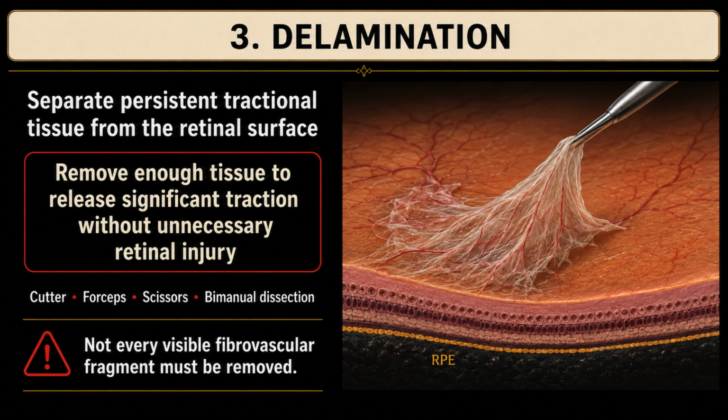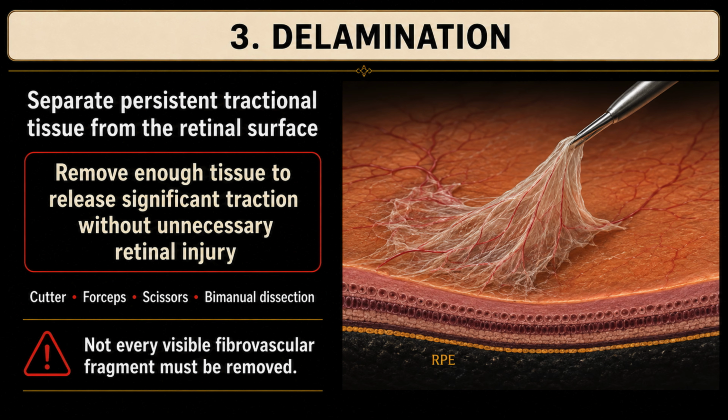So what happens after segmentation is that some fibrovascular tissue may still remain tightly attached to the retina and continue to elevate or distort it. Delamination means carefully separating this persistent tractional tissue from the retinal surface. Depending on the anatomy, the surgeon may use the vitreous cutter, forceps, scissors, or bimanual dissection. The instrument is less important than the principle.